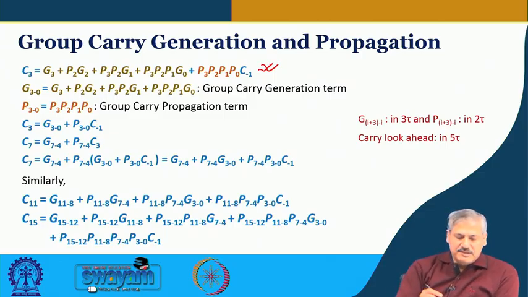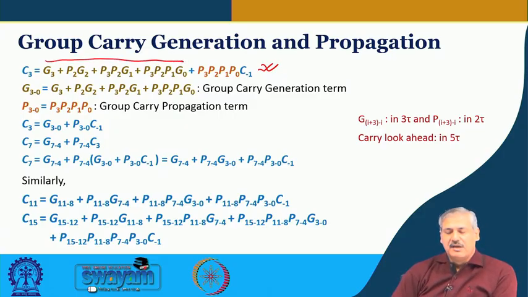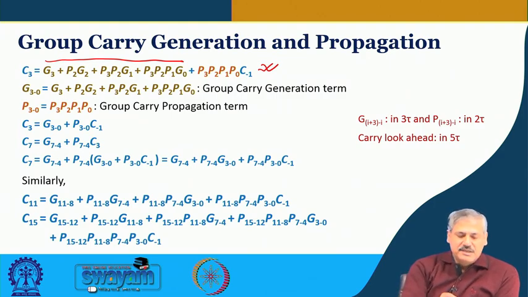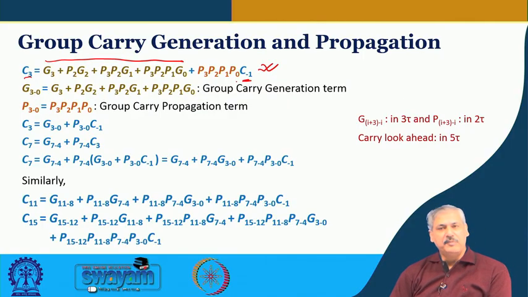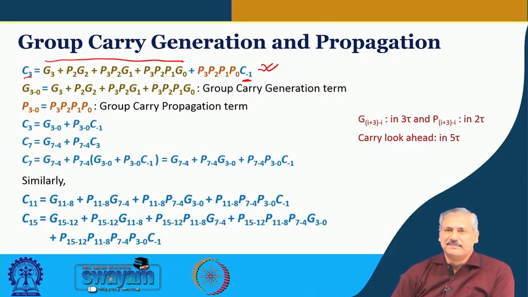So, this term, when it is 1, this C3 is getting generated irrespective of whether there was a carry to the input of this block or not. So, this we define as the group carry generation term, G3 to 0.